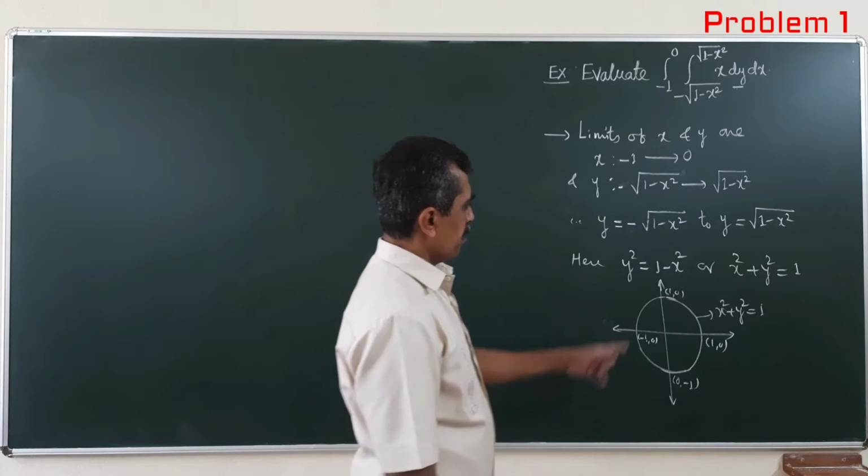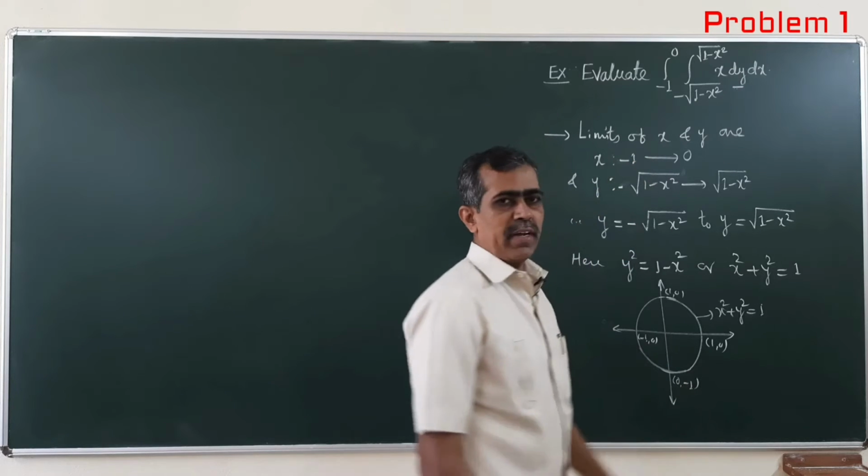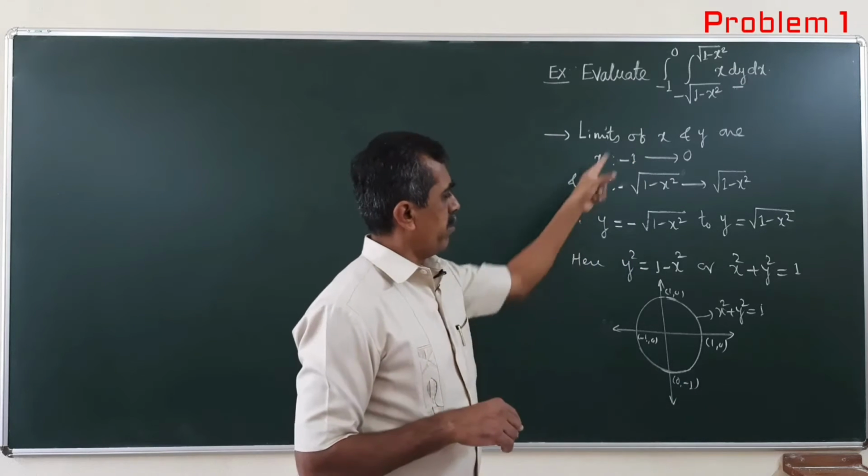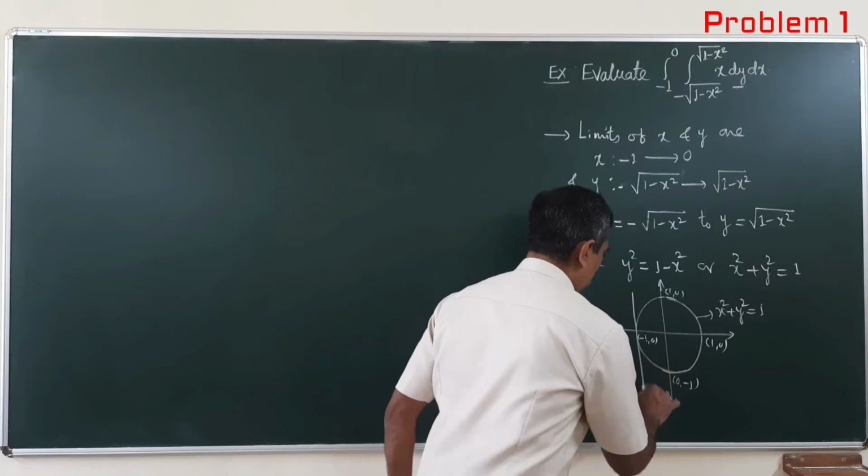Now, what about x? x runs from -1. Where is x = -1?